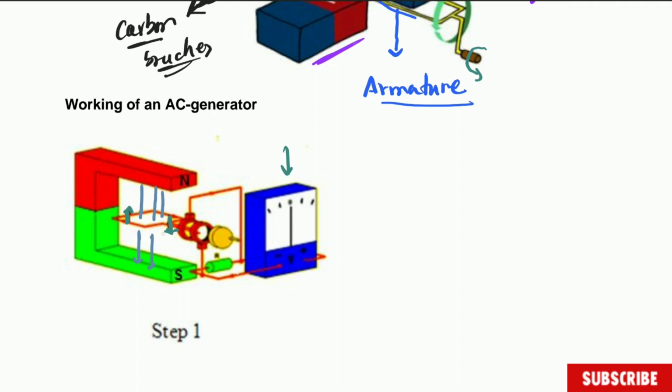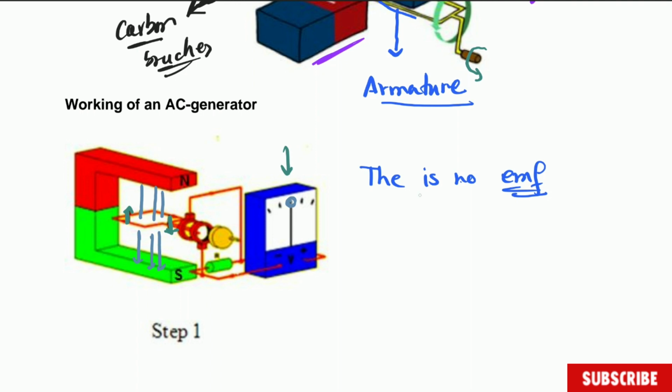Okay, and so on. Now, look carefully at the position in which the armature is relative to the magnet. There is going to be zero induced EMF.